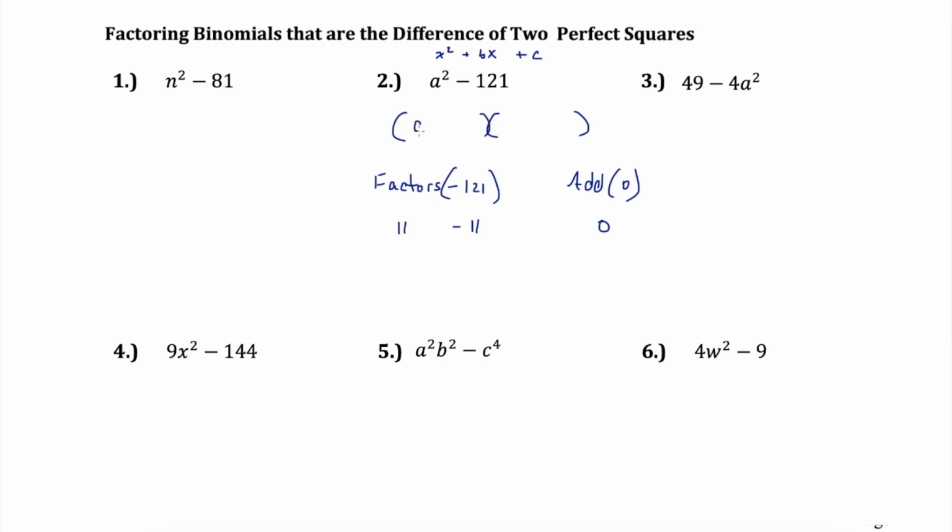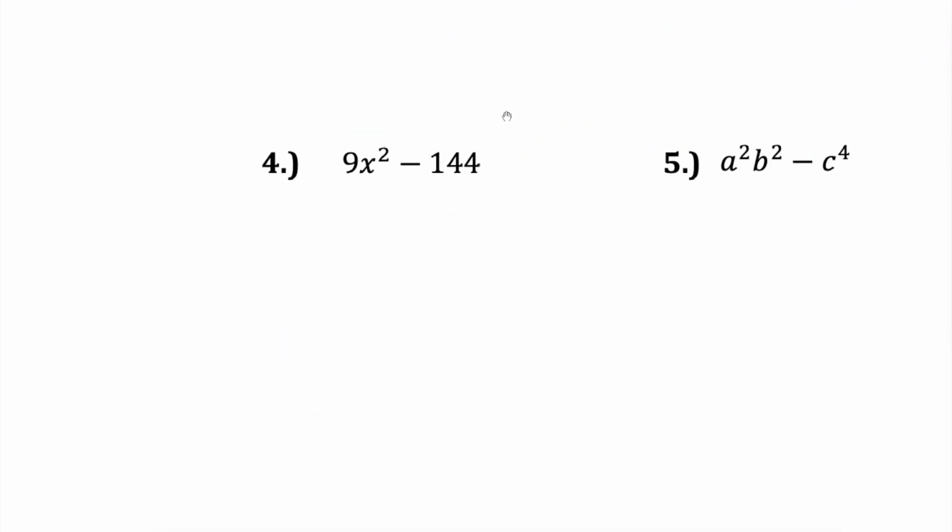So my solution is plus 11 and minus 11. The square root of a squared is a, and the square root of 121 is 11. But of course, one has to be positive and one has to be negative. Okay, so let's take a look at number 4.